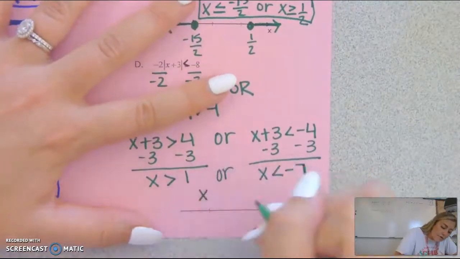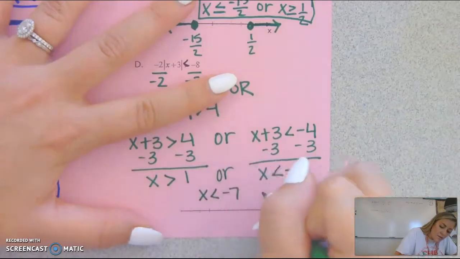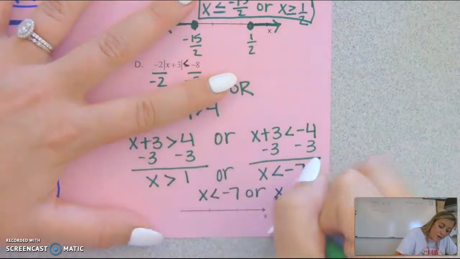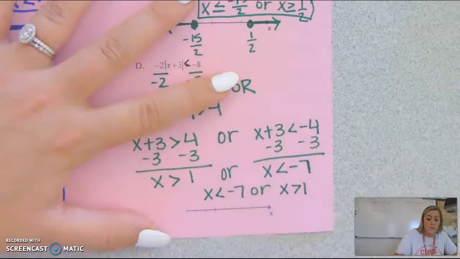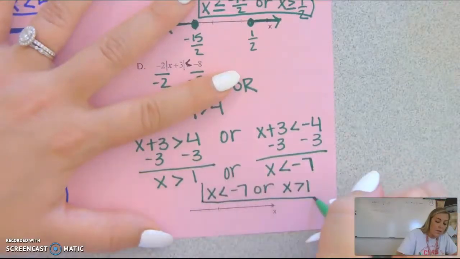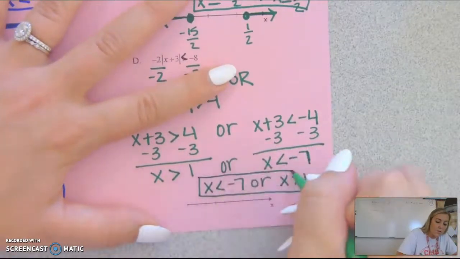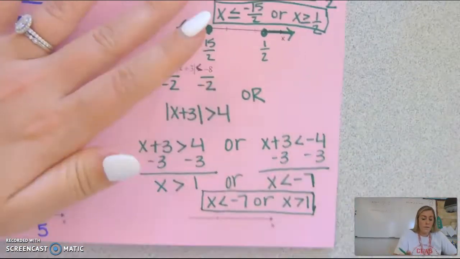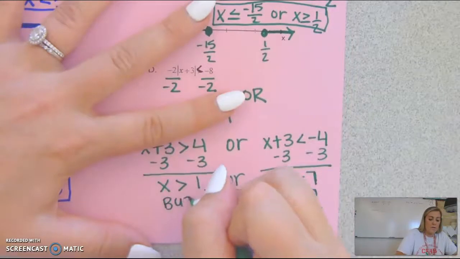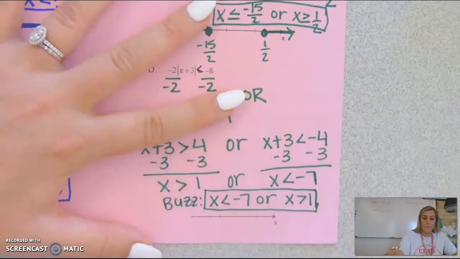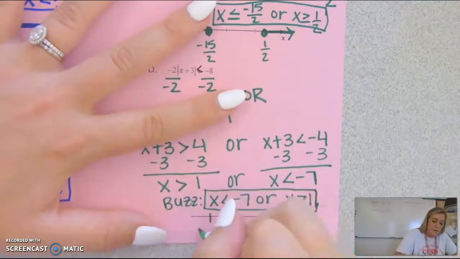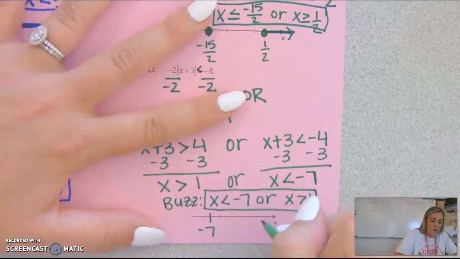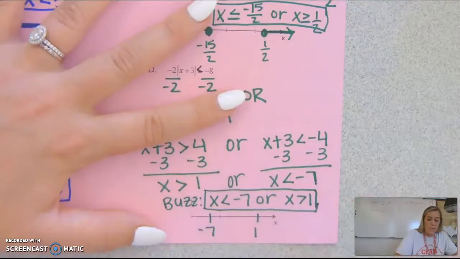My final answer should look like this. This is how they want it typed in Buzz. That's why it's important to make sure that this is your final answer. I'm going to make that note Buzz right here. That's what Buzz wants. So my -7 on the left, 1's on the right.